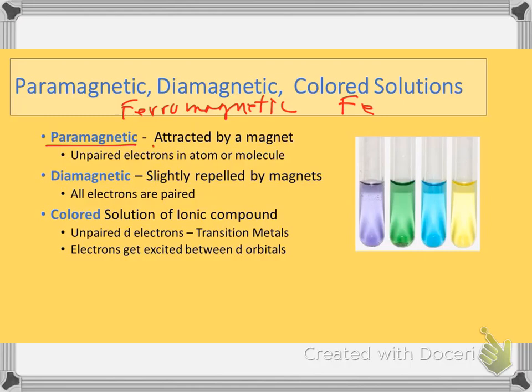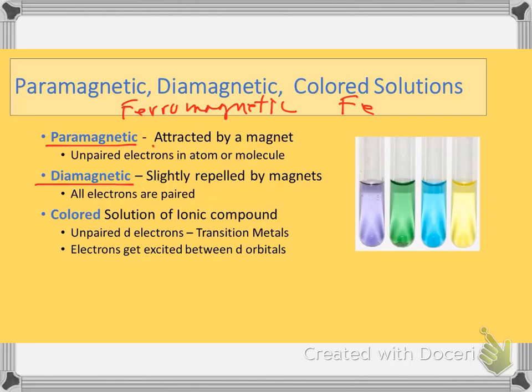So all you need is one electron that isn't in a pair, and you have a paramagnetic atom. And the more unpaired electrons you have, the more magnetic you will be. Then the opposite is diamagnetic, and these are species that are slightly repelled by magnets, and this occurs when every electron has a pair.